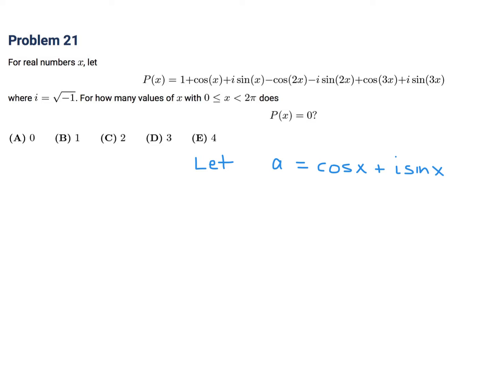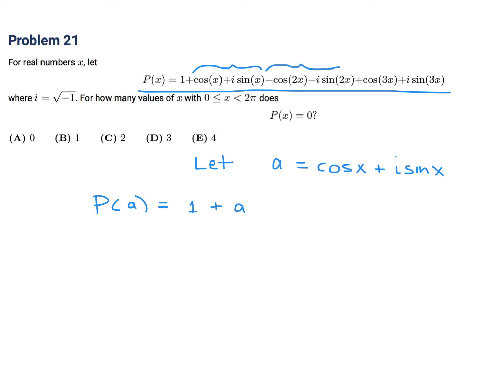When you do that, this entire expression essentially boils down to just 1, and then this part is just a, and this part becomes a squared, but remember, there's a negative, so it's negative a squared, and then this part is a cubed. So that's the magic substitution.